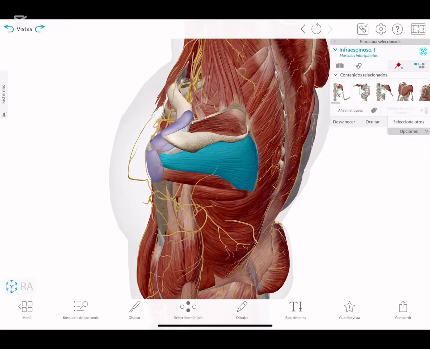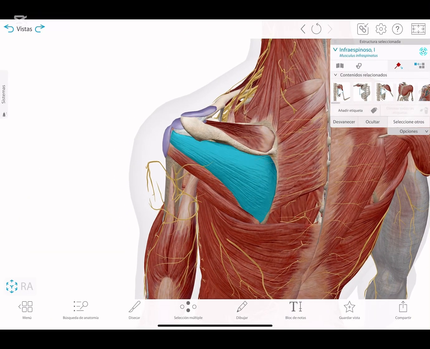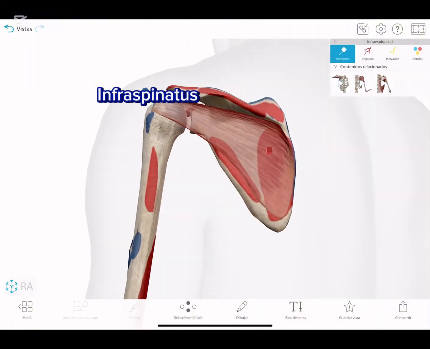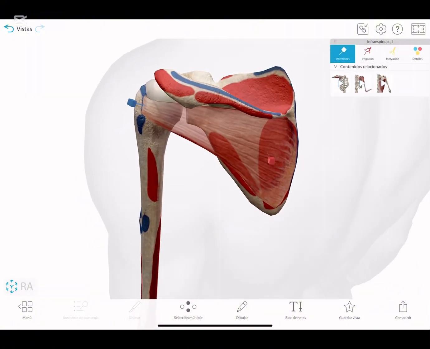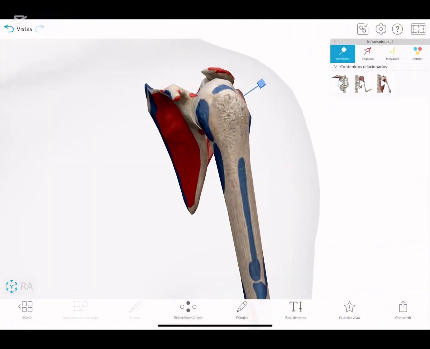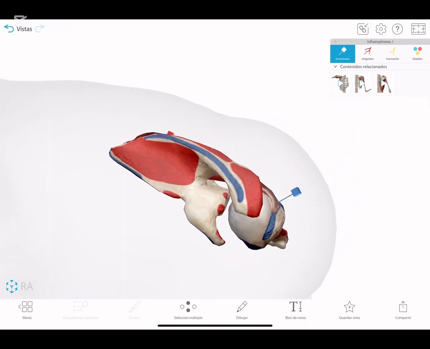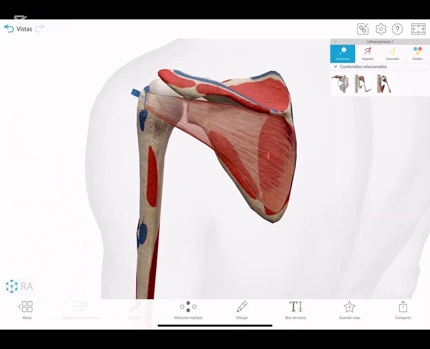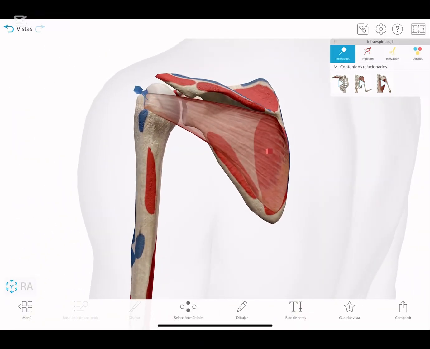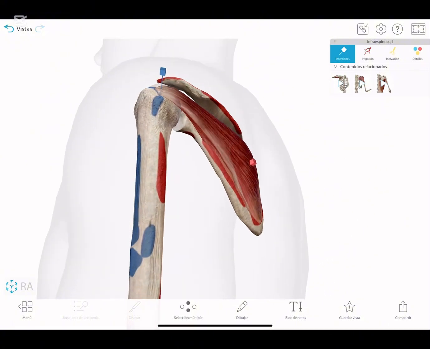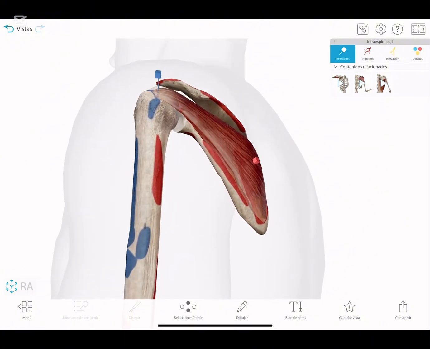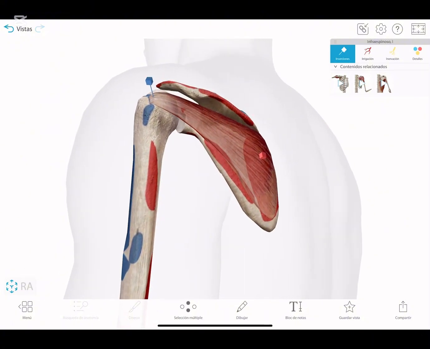We have the infraspinatus, which rotates the greater tubercle upward and inward during abduction. Both muscles stabilize the humeral head, and injuries to these tendons affect the movement of the greater tubercle and the labrum. Impact of repeated abduction with loads.